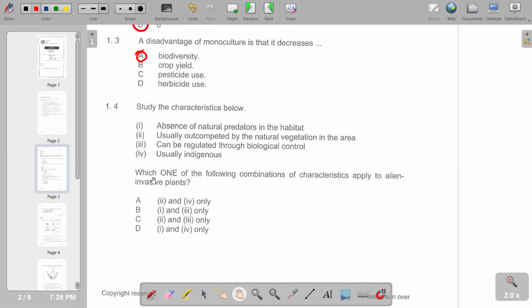Within that context, if you check according to the characteristics that we are given, you'd see that the correct response is B, whereby we have 1, which is absence of natural predators in the habitat, and also we have 3, which can be regulated through biological control. So we have B as the correct answer.